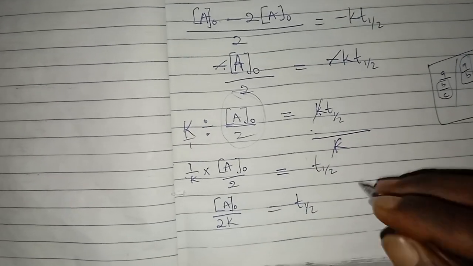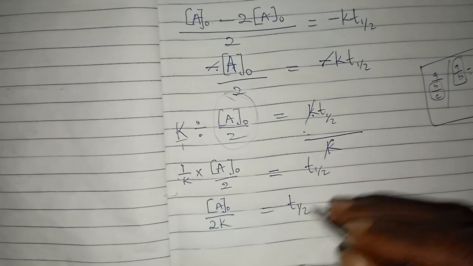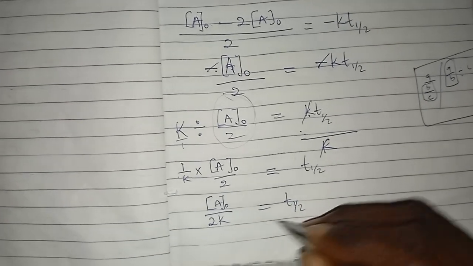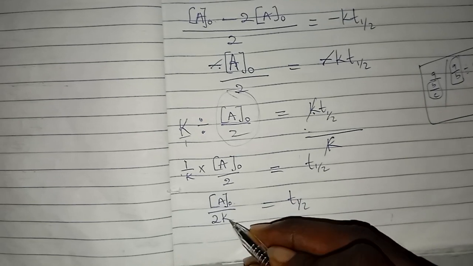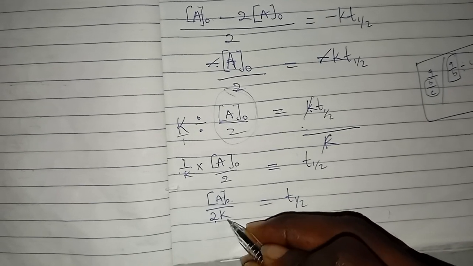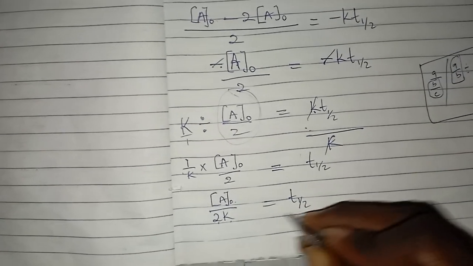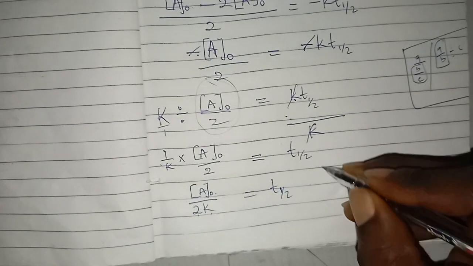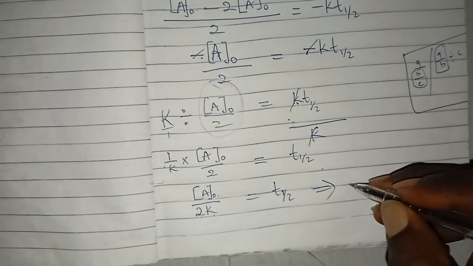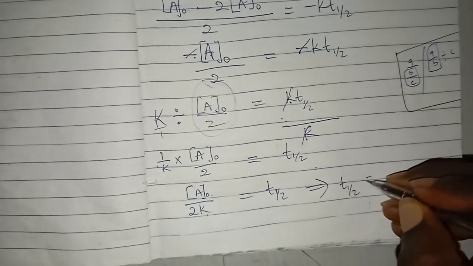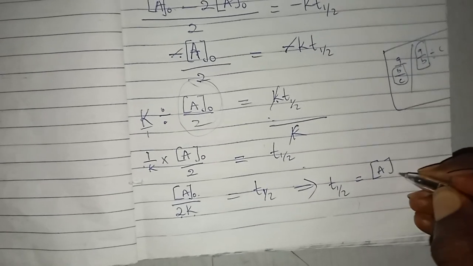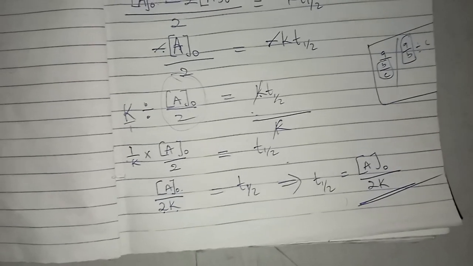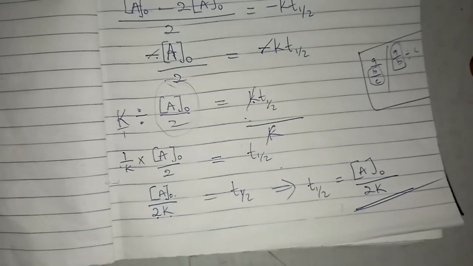So for a zero-order reaction, the half-life is simply given by initial concentration all over 2 multiplied by K. That is the answer. So this can also be written as T half equals A naught over 2K. Whichever way you want to get it, you can still write it this way.